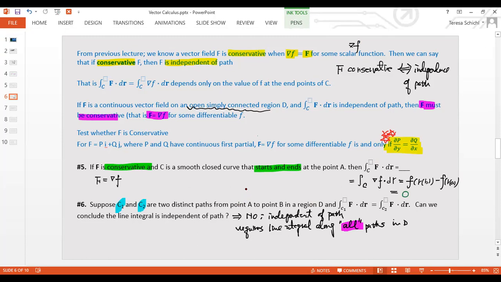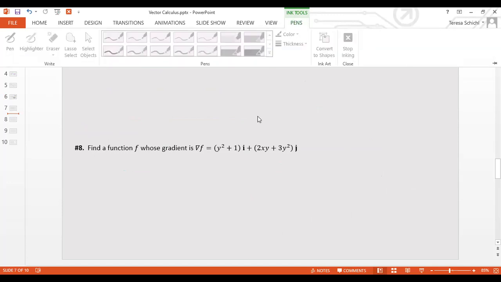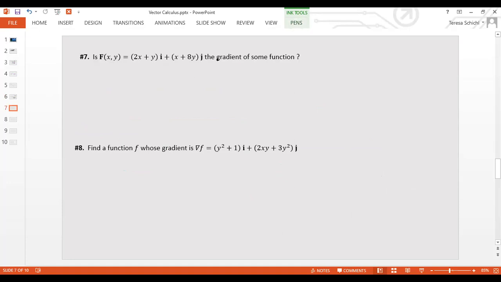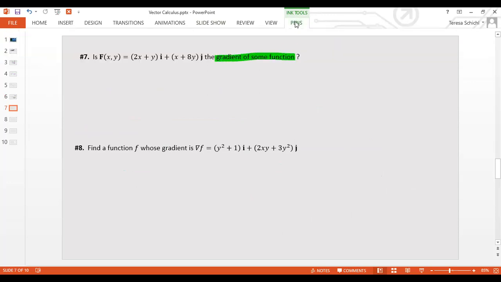All right, so now I'm going to do one more problem here, and then we're going to stop, because the next few problems might take a little more time, so we're going to save them for the next videos. So we ask: is F(x,y) = (2x + y, x + 2y) the gradient of some function? What does this ask you? If the vector field F is the gradient of some function, what does that mean?